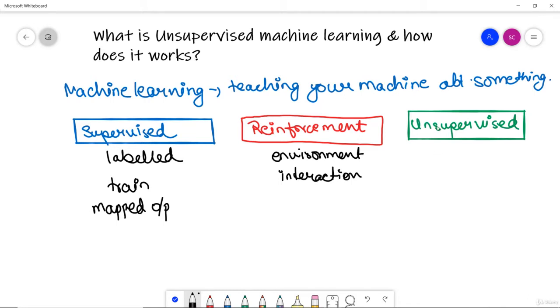Now we are going to discuss unsupervised learning. Unsupervised learning is where the data is collected and has no labels. That means we are not sure about the outputs.